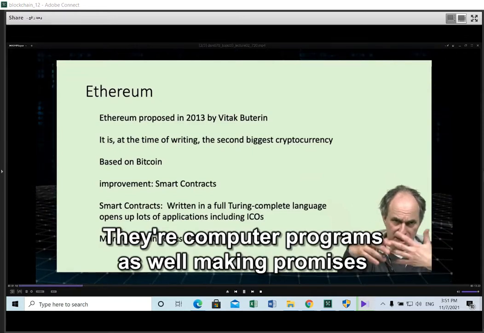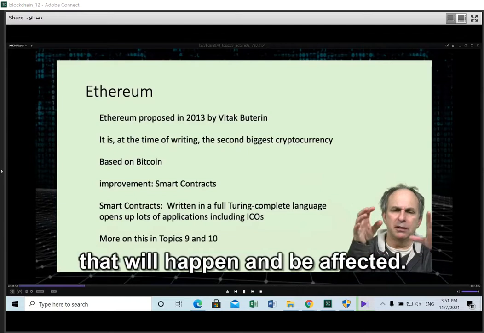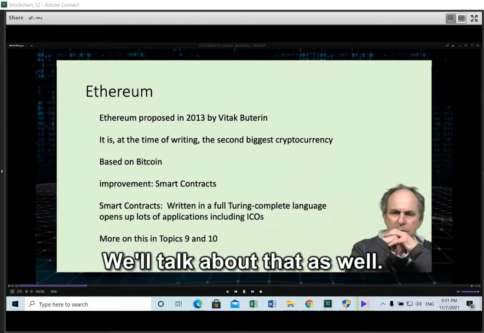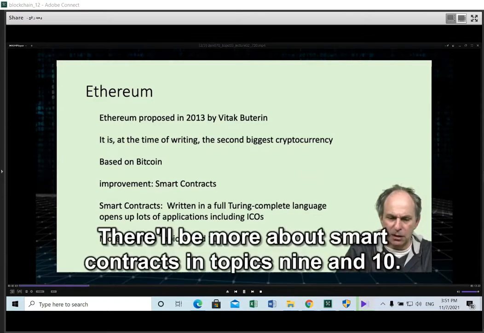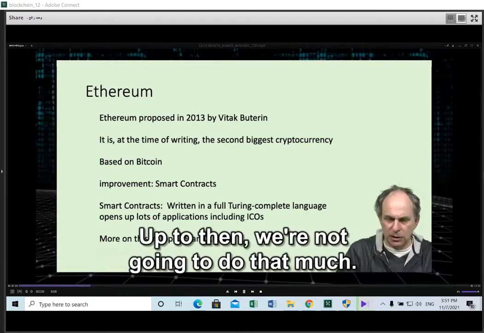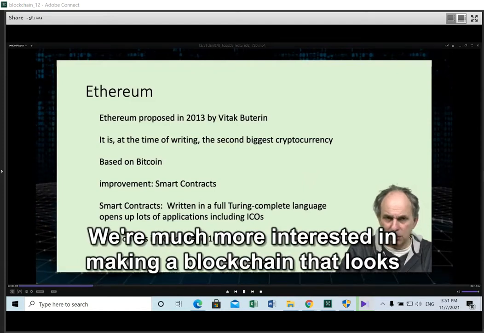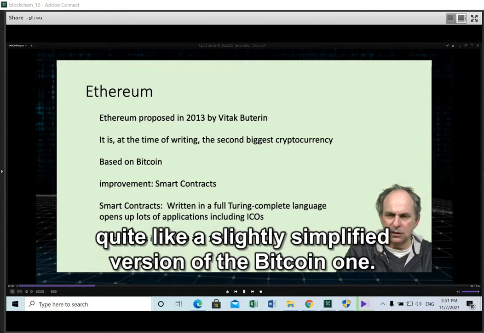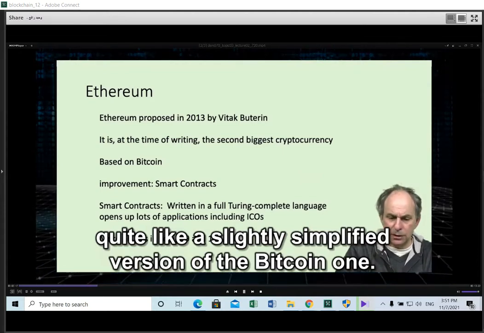They're kind of promises that will be effected at some point and happen. So we'll talk about that as well, and there'll be more about smart contracts in topics 9 and 10. Up to then, we're not going to do that much. We're much more interested in making a blockchain that looks quite like a slightly simplified version of the Bitcoin one.